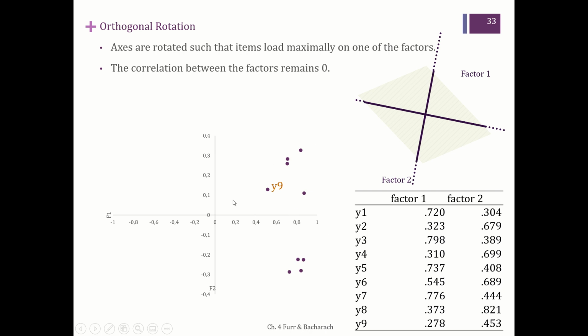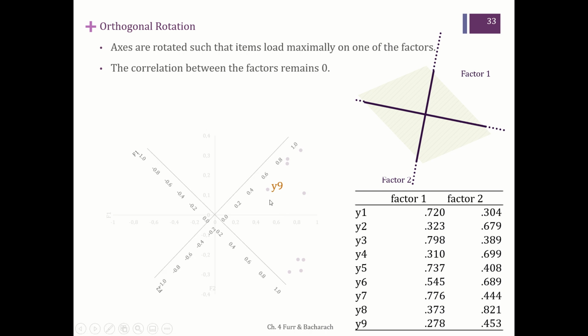So what we do is we shift this y-axis and x-axis like so. And now the distinction becomes way clearer. Now these items have pretty high values on vector 1. These items are near 0 on vector 1. And these items all have pretty low scores on, let me redo that.